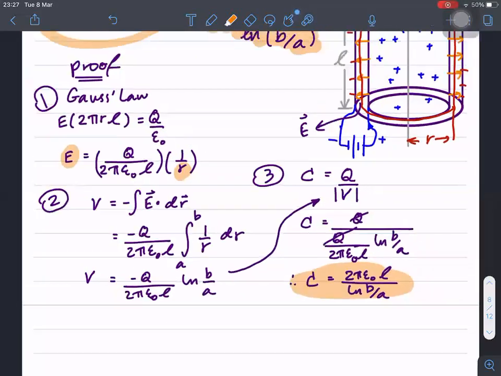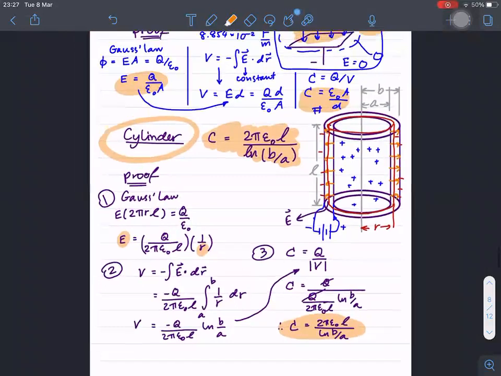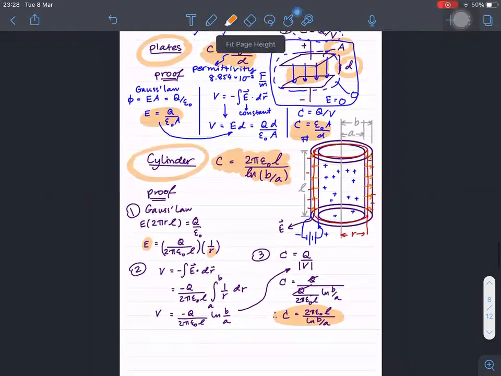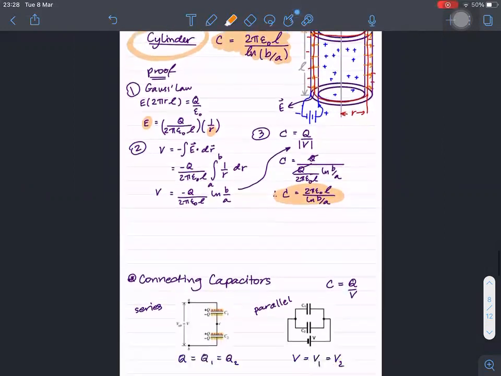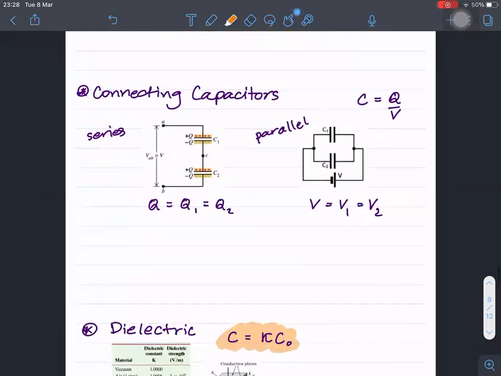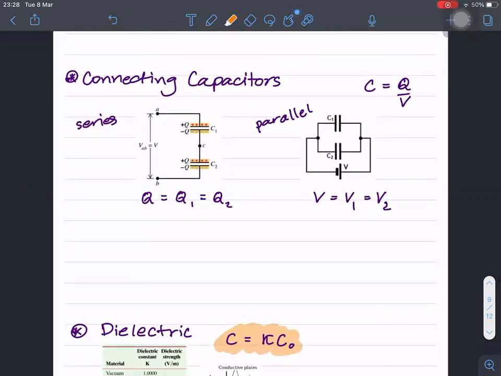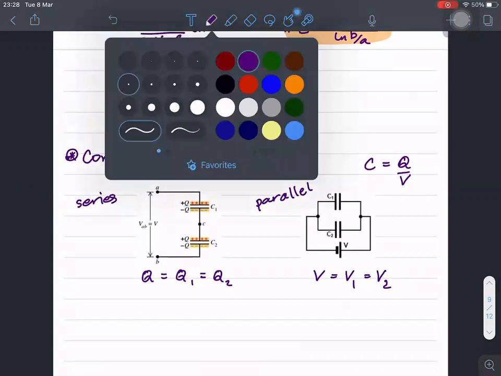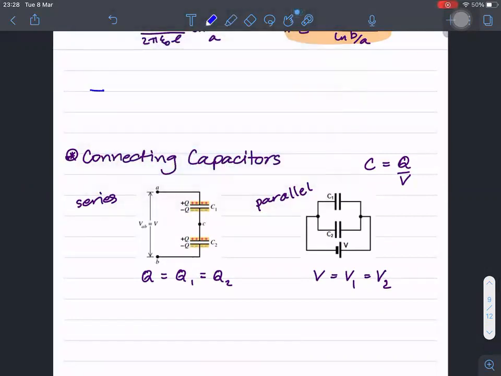So now we have been working on finding C for plates and for cylinders. The next topic is connecting capacitors. You might have some background on connecting resistors from last week.